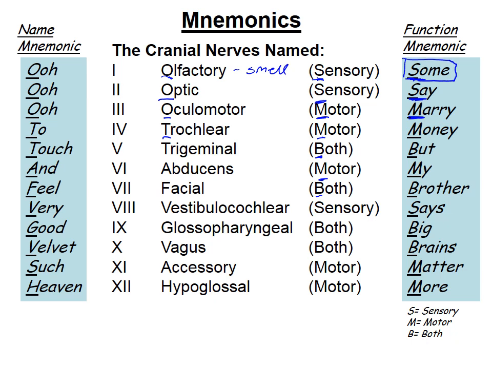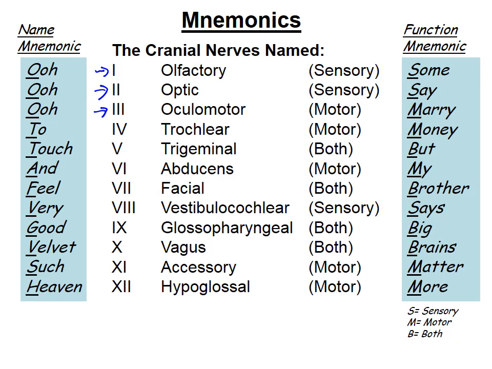The S is just for sensory. Of course, in the case of the trigeminal nerve, which has both motor and sensory, the B relates to both. And here we see their Roman numeral for each of the nerves, starting with 1 and going down to 12.